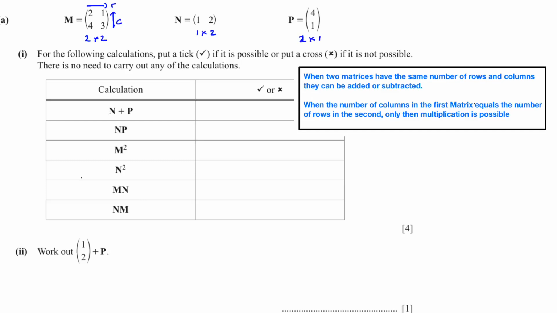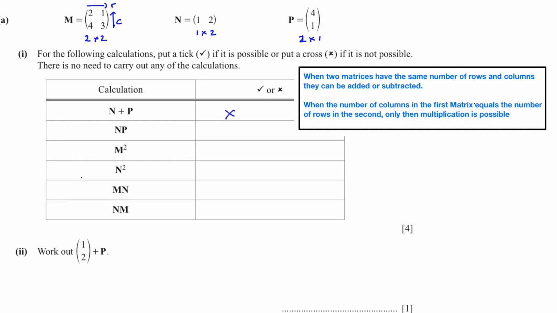If the number of rows in the second one is the same as the number of columns in the first one, then the multiplication is possible. So let's start. N plus P. N plus P, can you add or subtract it? No, you cannot, because they do not have the same dimensions.